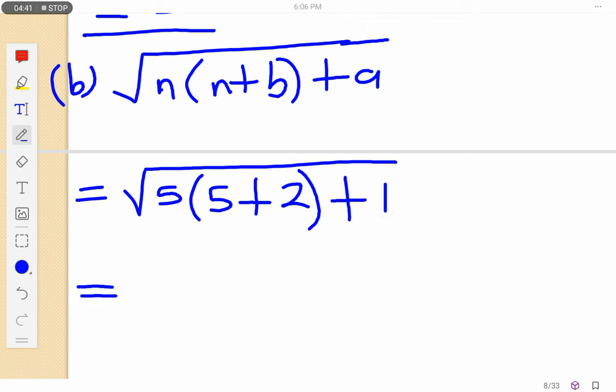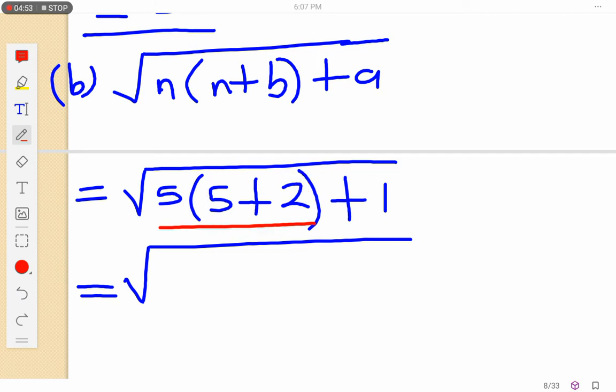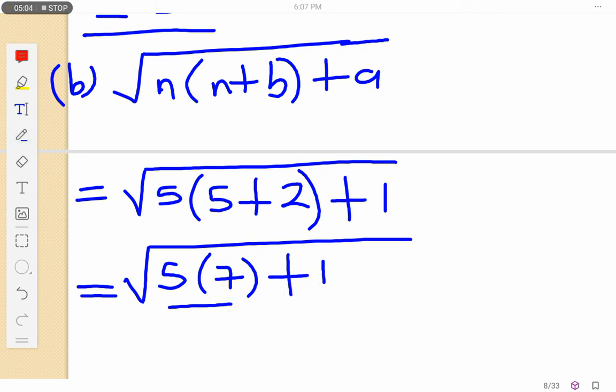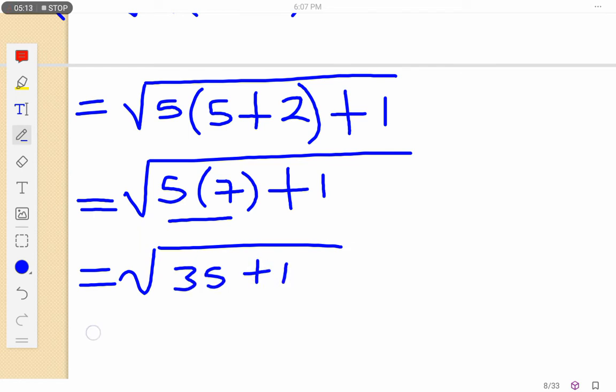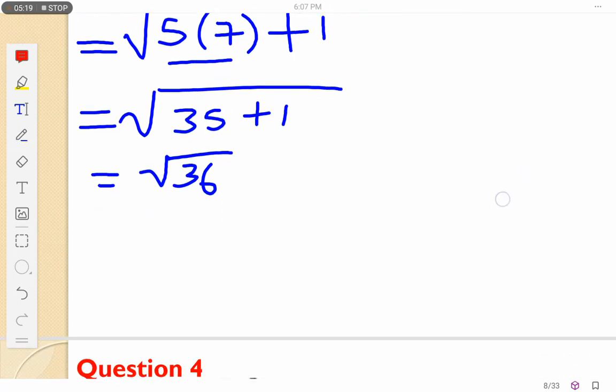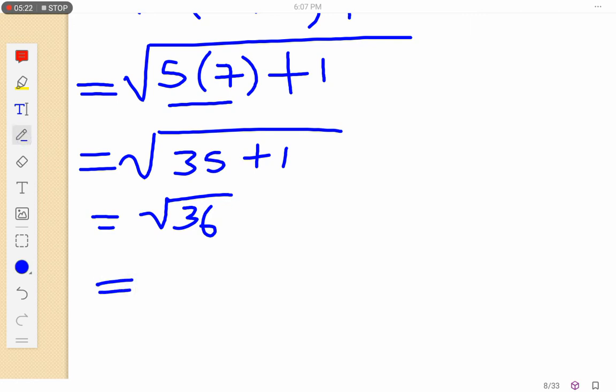I first add what is inside the bracket before multiplying outside. 5 plus 2 we get 7, then plus 1. Now I can do the multiplication: 5 times 7 will get 35. Then plus our 1, we get square root of 36. And the square root of 36 is 6.